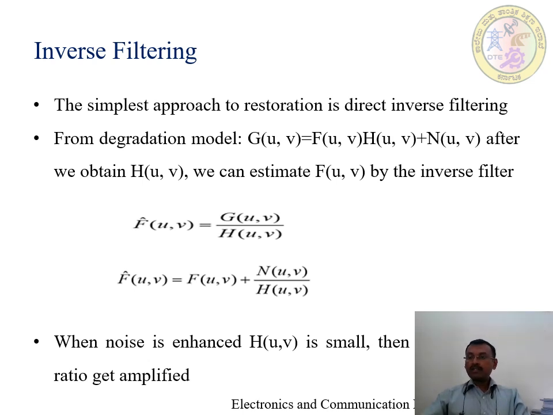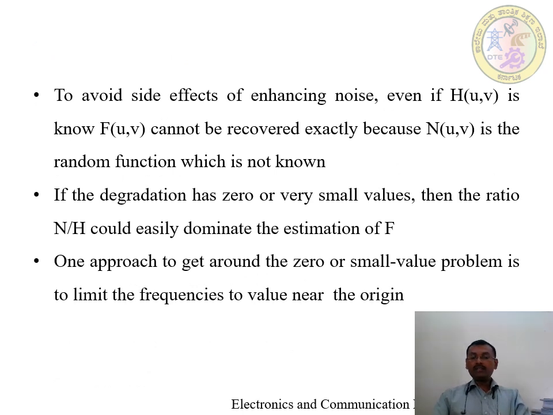So, when H(u,v) is small, the noise ratio N(u,v) / H(u,v) gets amplified. To avoid the side effects of enhancing the noise: even if H(u,v) is known, F(u,v) cannot be recovered exactly because N(u,v) is a random function which is not known.